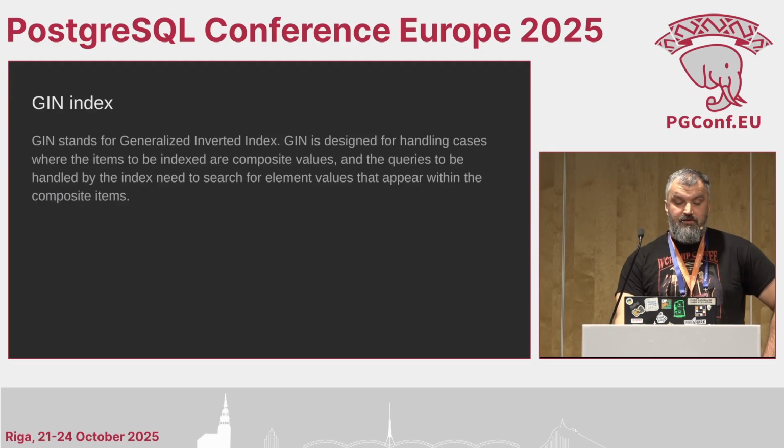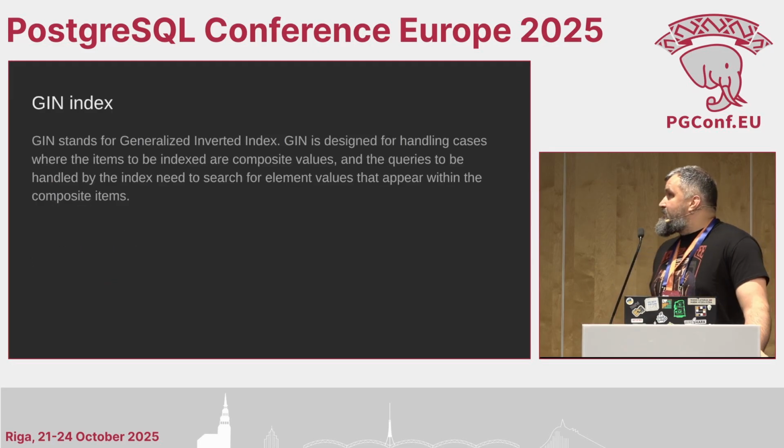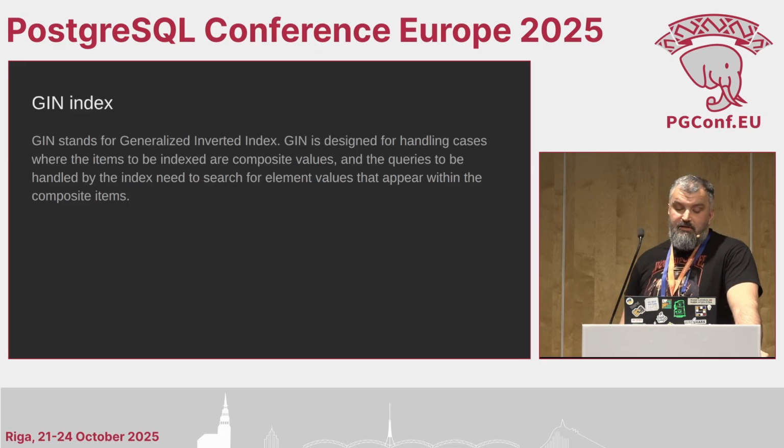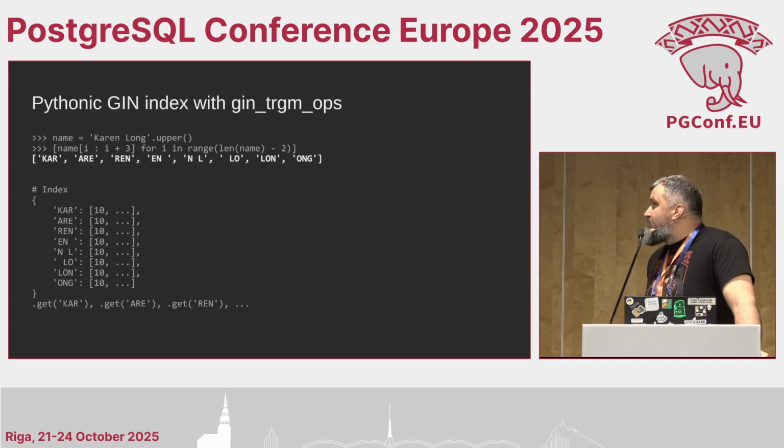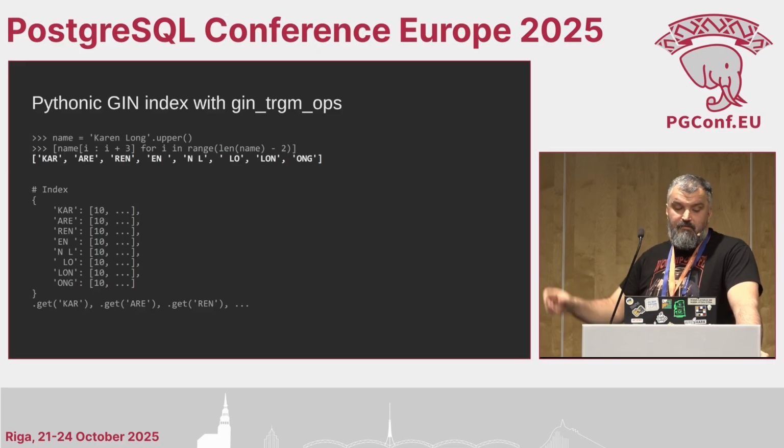So how to solve this? Postgres has these GIN indexes, and together with trigrams, it delivers the result. So how does it look from a programming language perspective? The actual value stored in the column is first broken up into 3-letter strings. So it creates all possible 3-letter strings of consecutive letters.